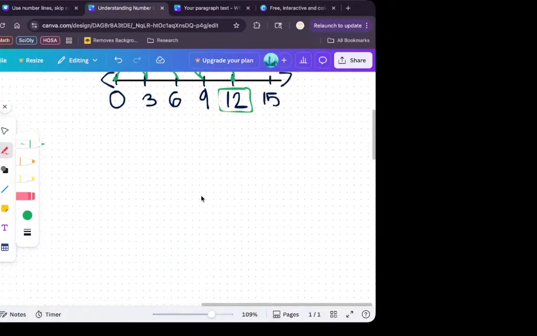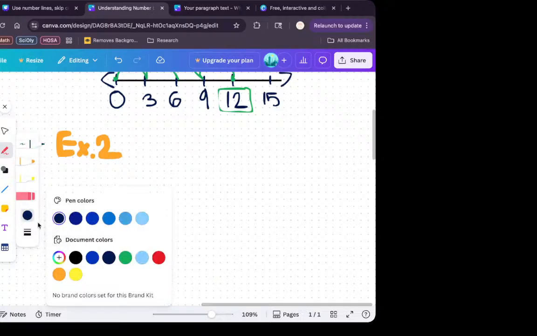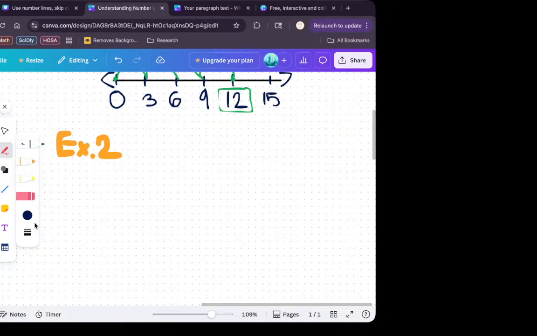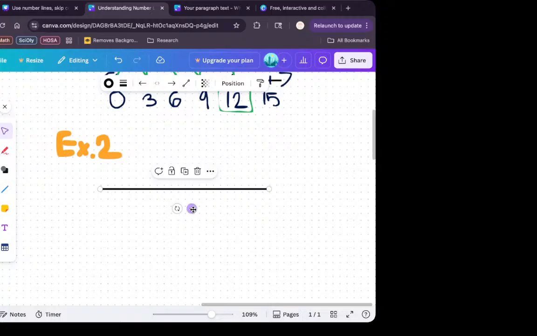Okay, let's move on to example 2. Before we start, let us draw our number line here.